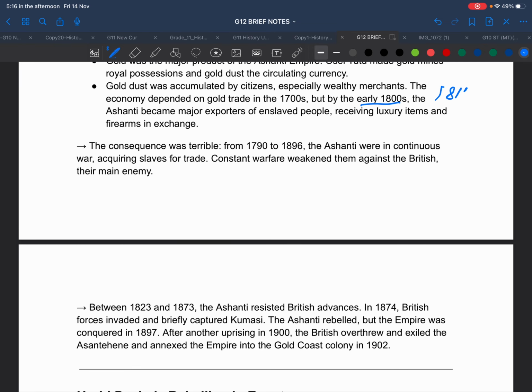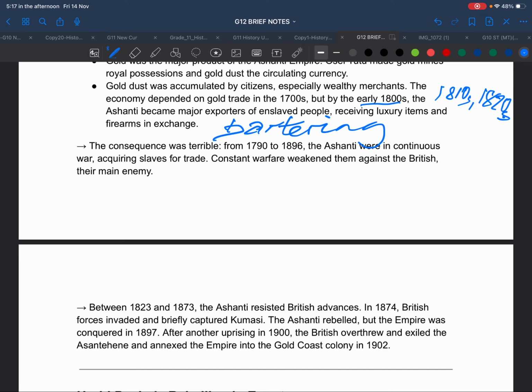1820s, the Ashanti became major exporters of enslaved people. Amazing. Enslaved people, exporting them, selling them, receiving luxury items and firearms in exchange, which we call the barter system, bartering, exchanging goods for goods.